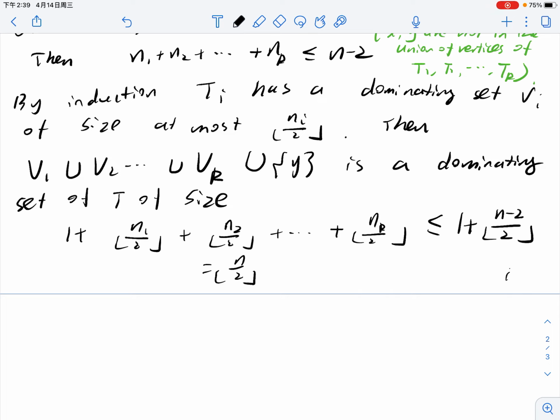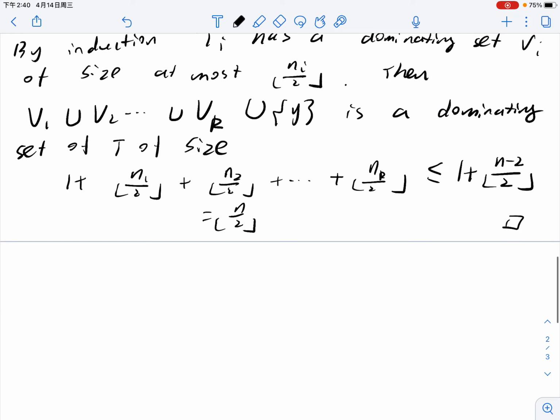This is what is required in the theorem.